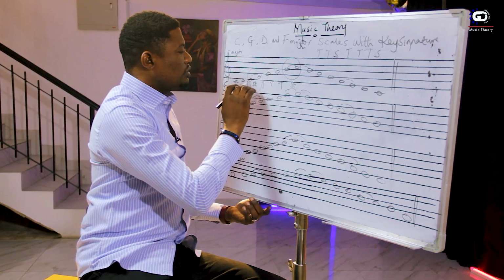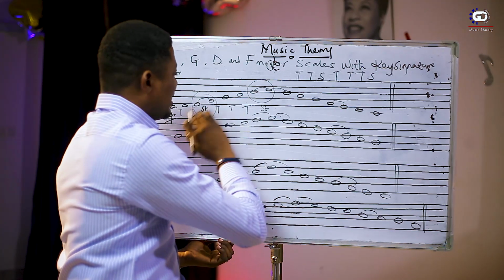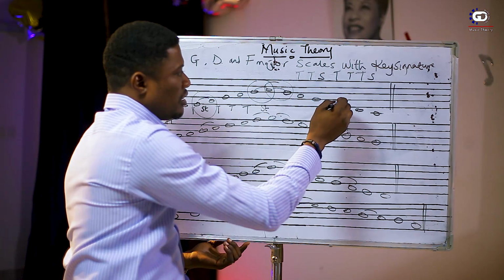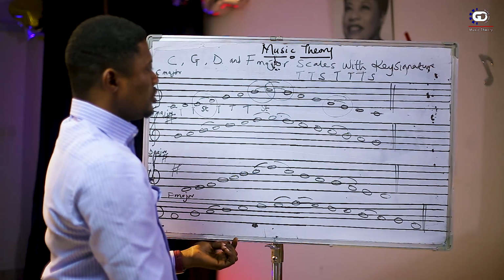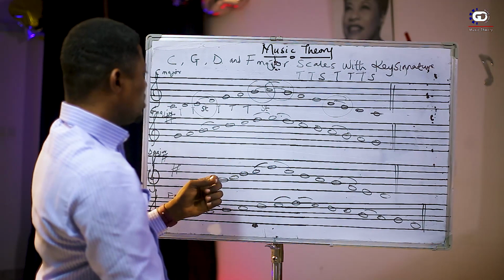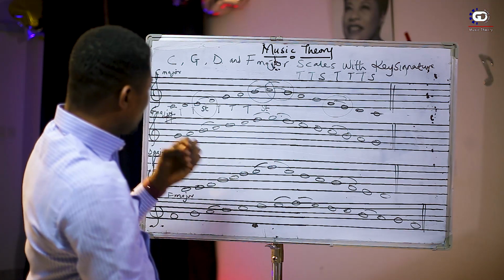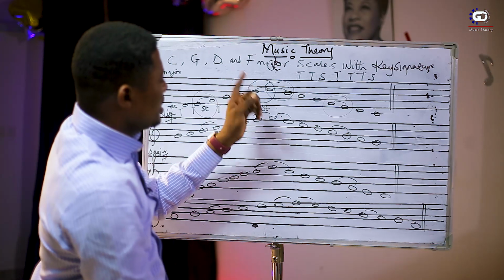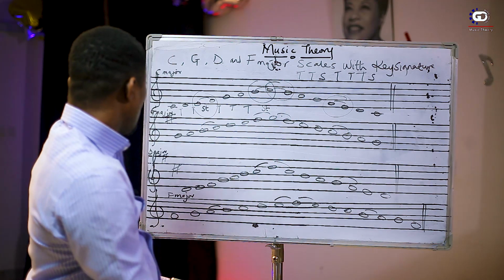So your semitones are between the third and fourth, 7 and 8 ascending, while 8 and 7 and fourth and third descending. That is very important to note: in diatonic scales, your semitones fall between third and fourth, 7 and 8 ascending, 8 and 7, fourth and third descending.